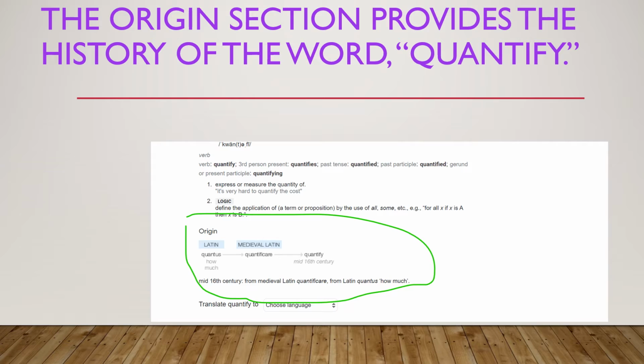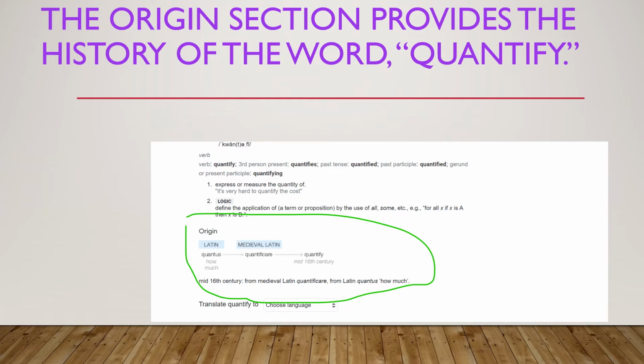So on Google, if you scroll all the way down for the word quantify, you see the origin. In Latin, the origin of quantify is quantus. That's the root. The root is the basic unit of a word, and basically quantus is where quantify came from. So it means how much in Latin.